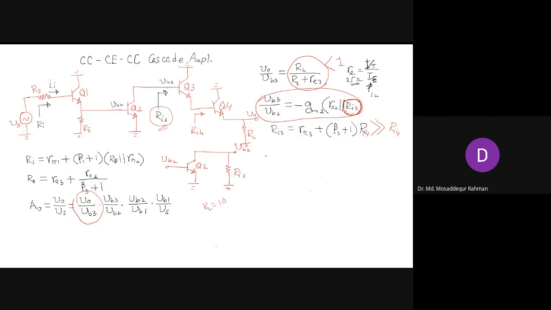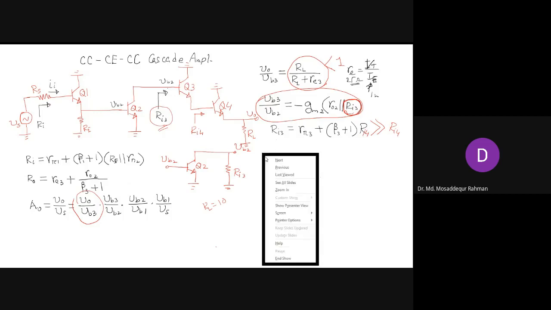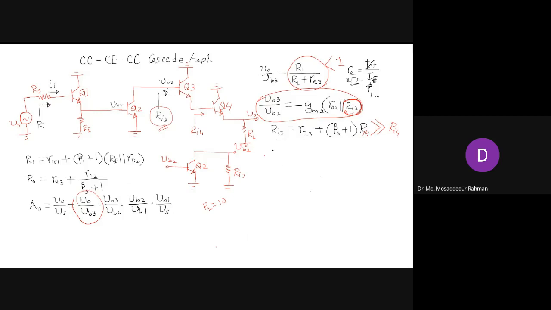The Ri4 will be R pi 4 plus beta 4 plus 1 times RL. Right?